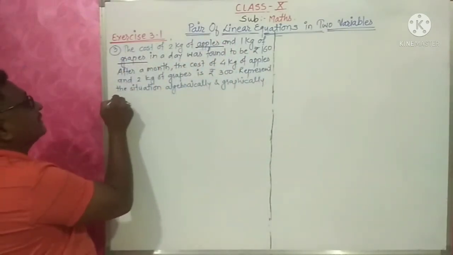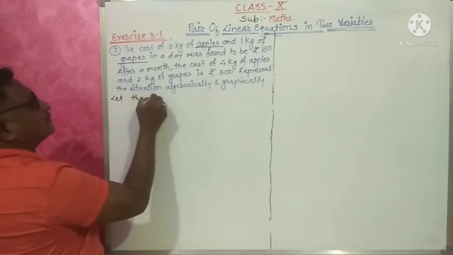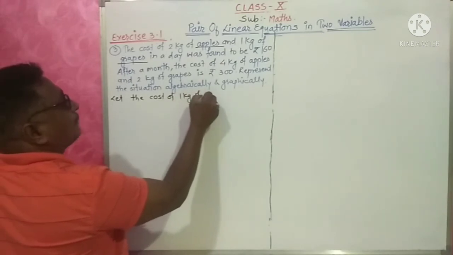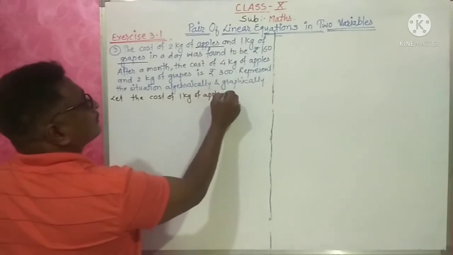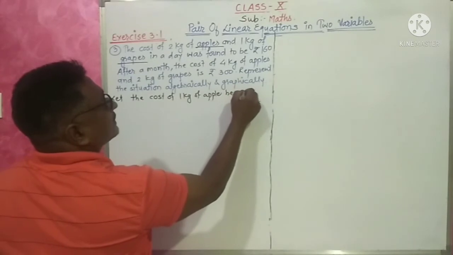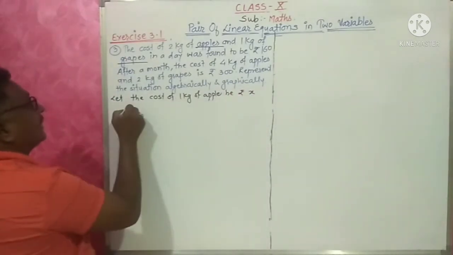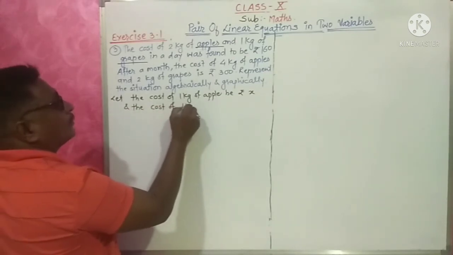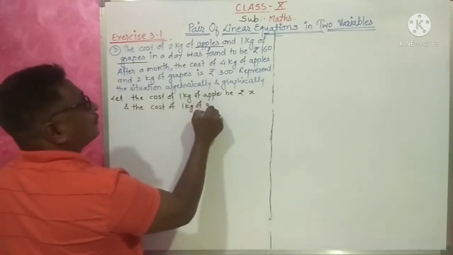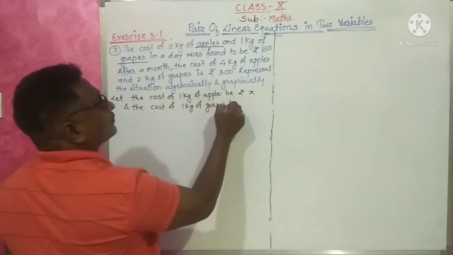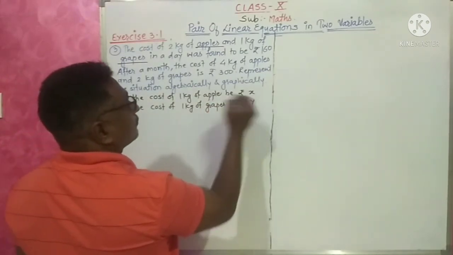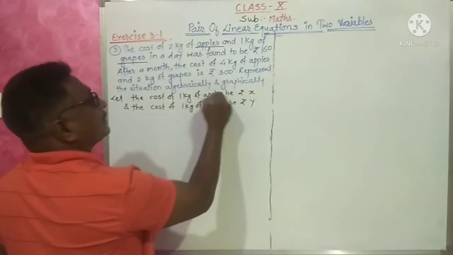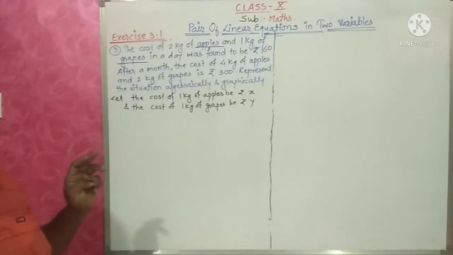Let the cost of 1 kg of apple be rupees X and the cost of 1 kg of grapes be rupees Y. We give X and Y as variables.